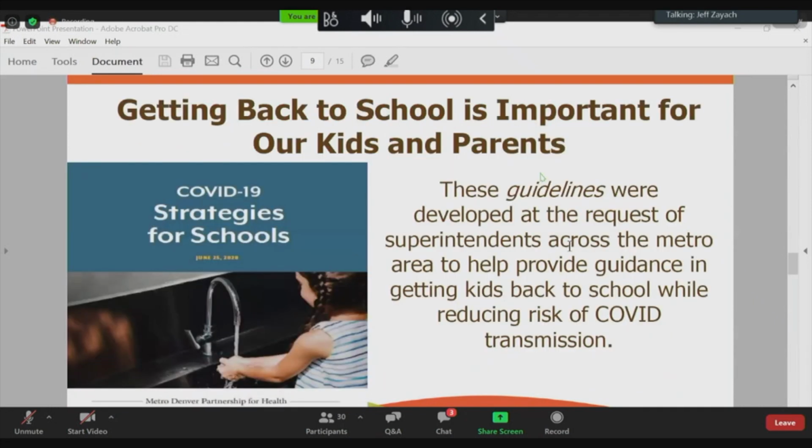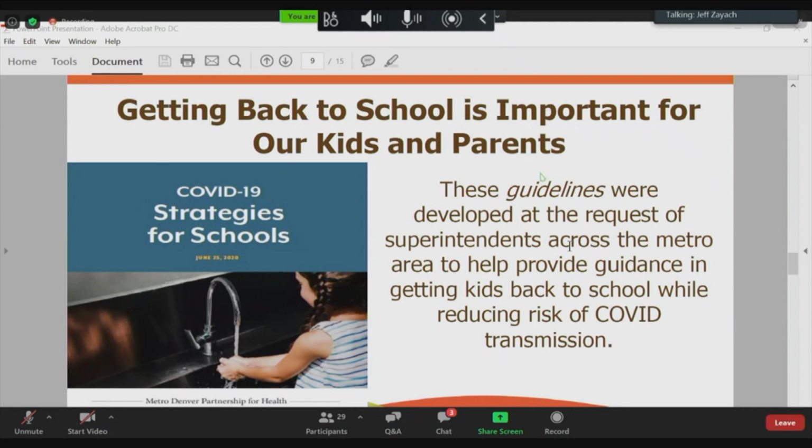I want to talk about the framework now. The guidelines that are pictured here and that incorporated the framework that I'm going to walk through were requested by superintendents back in the early part of the summer, when we were looking at planning for schools and needing to have guidelines in place. And there was none at the state level at that point.